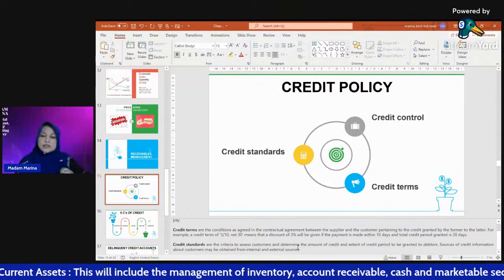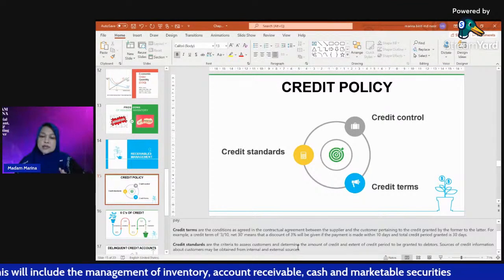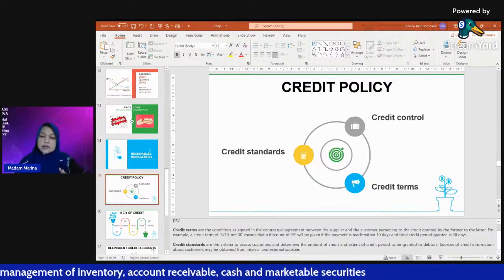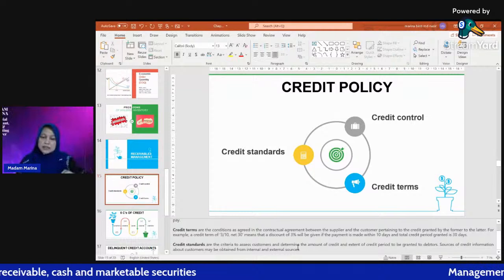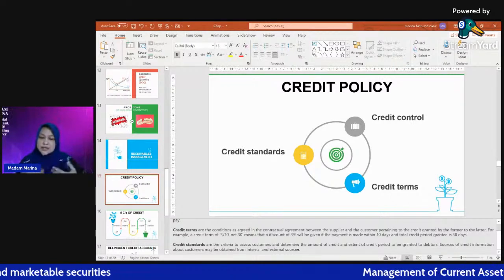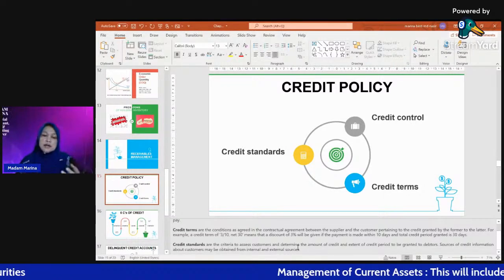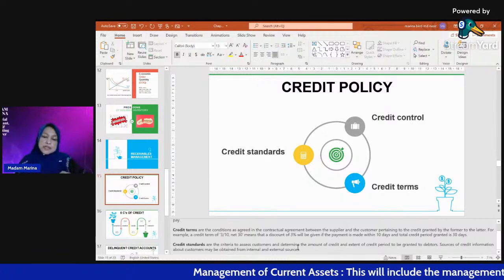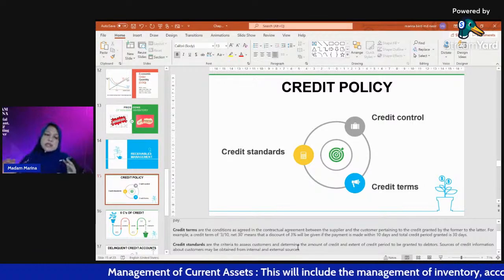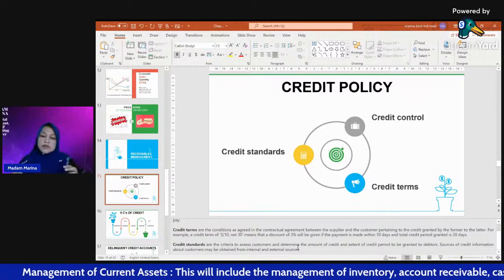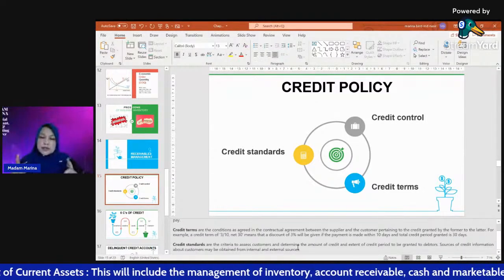This credit standard is what we have to apply to all credit customers, to assess the customer and to determine the amount of credit that is suitable for that customer, and also to determine the credit terms that are suitable for that customer. All right.